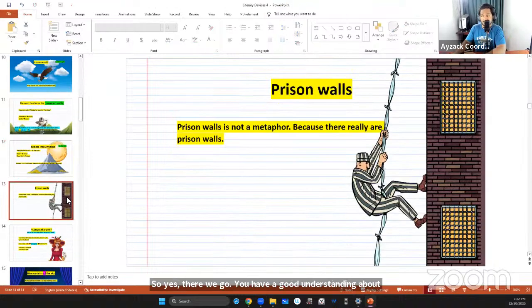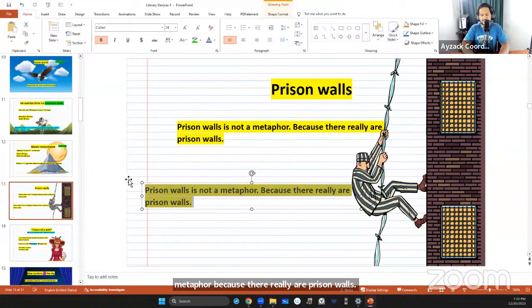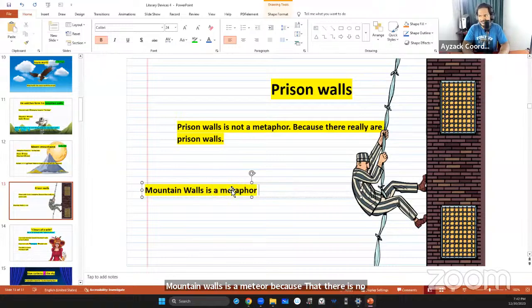Another example, prison walls. Is it a metaphor or is it not? Prison walls can't be a metaphor because it's real, right? Prison walls is not a metaphor because there really are prison walls. However, mountain walls is a metaphor because there is no such thing called a mountain wall.